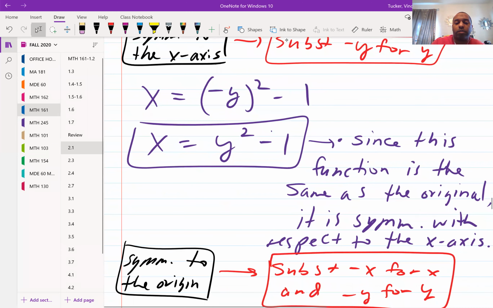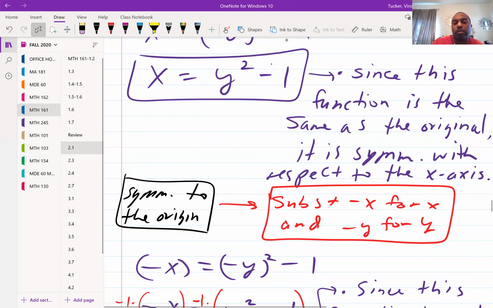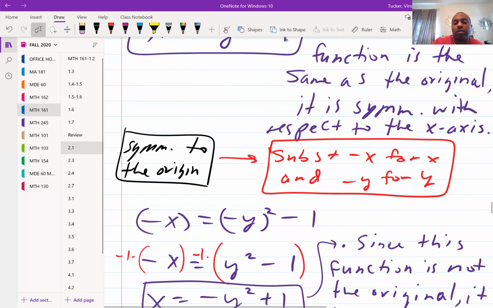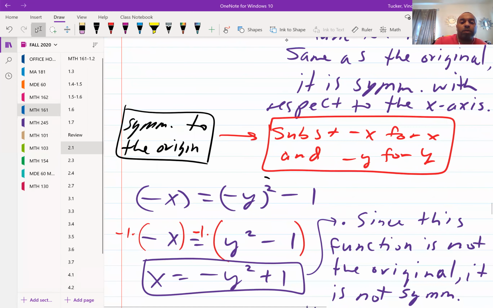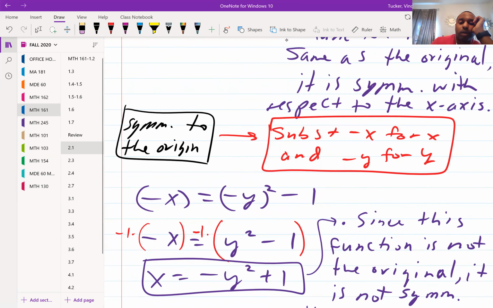All right. Last one, symmetry to the origin. We have to plug in negative x for x and negative y for y. And that's what we did right here, plugging in negative x and negative y. So we already talked about how negative y squared is just going to be y squared.